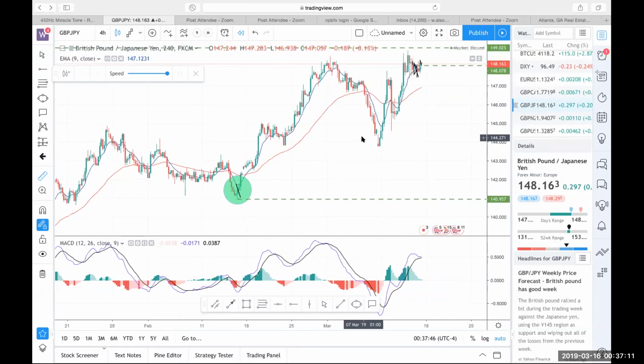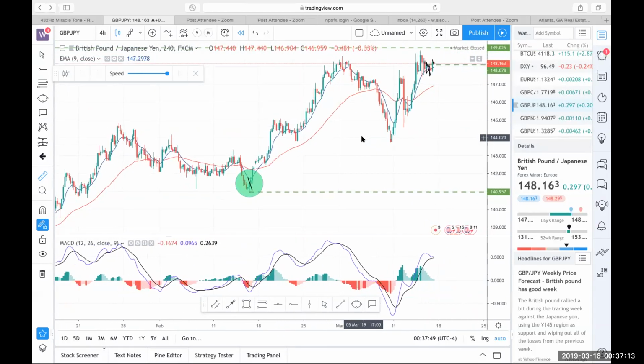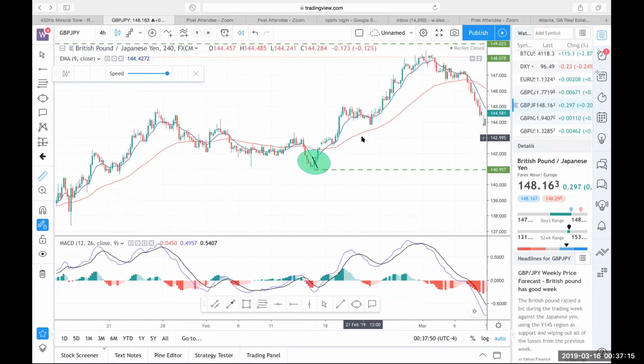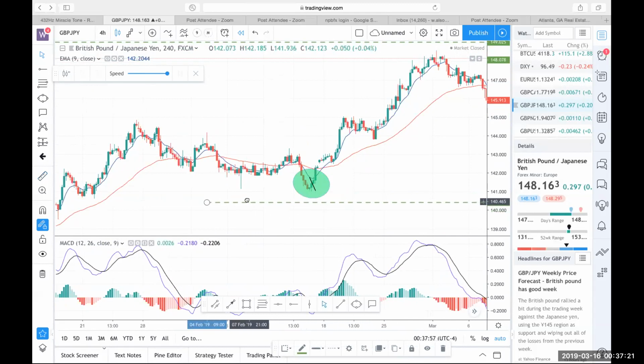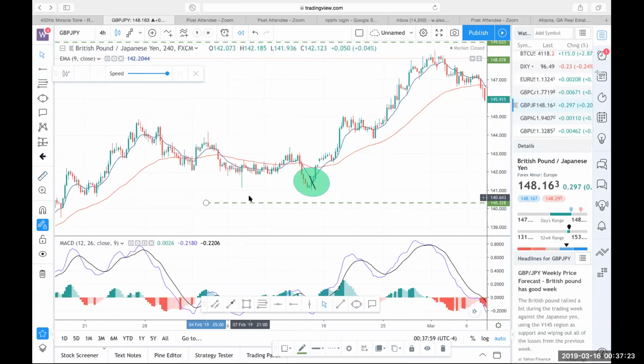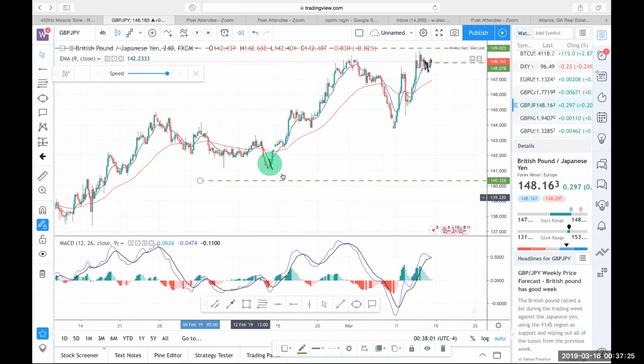Now show them if they would have got in at the 4 hour, if they was trading wrong on the 4 hour. That stop loss. Yeah, put the horizontal ray there. Would you have moved your stop loss as you've gone up? I ain't giving back no 732 pips.